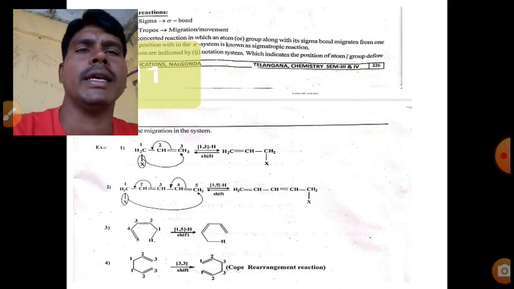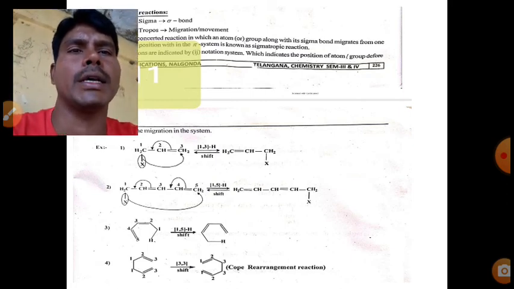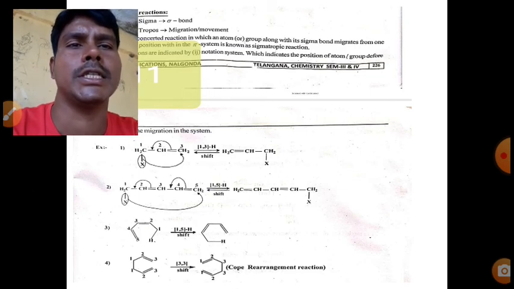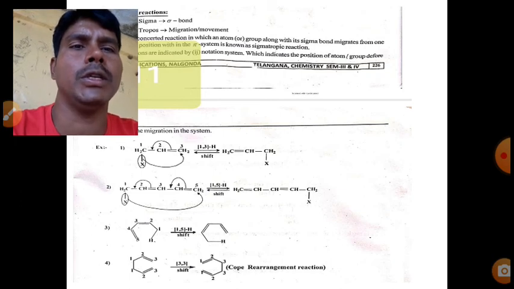So here an X atom or group migrates from one position to the third position with its sigma bond. So it is also a concerted mechanism or single step mechanism. X is at one place and it migrates within the system to the fifth place, a 1,5 shift. Here also a 1,5 hydrogen shift. Here a 3,3 shift, the Cope rearrangement.